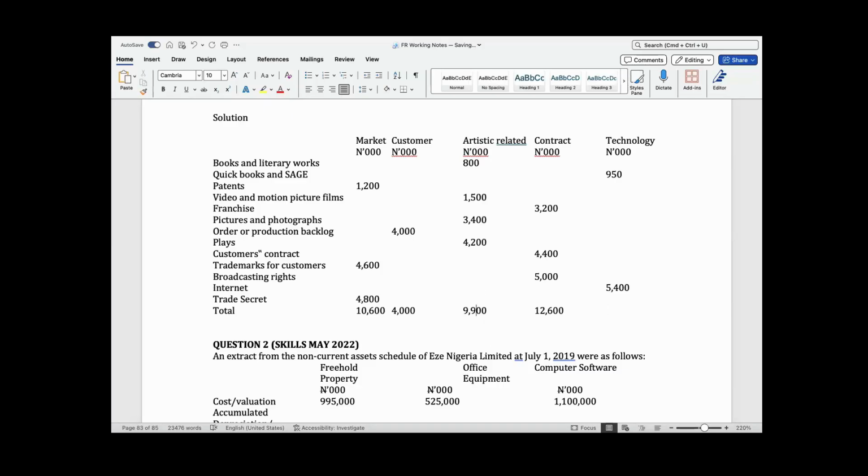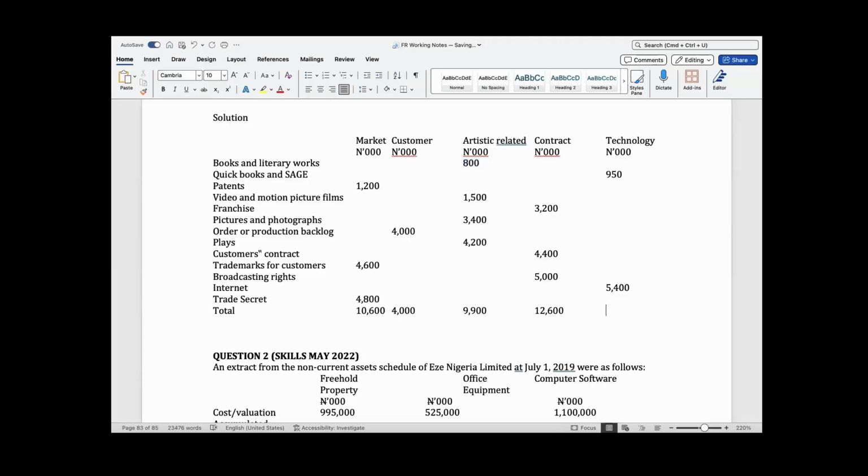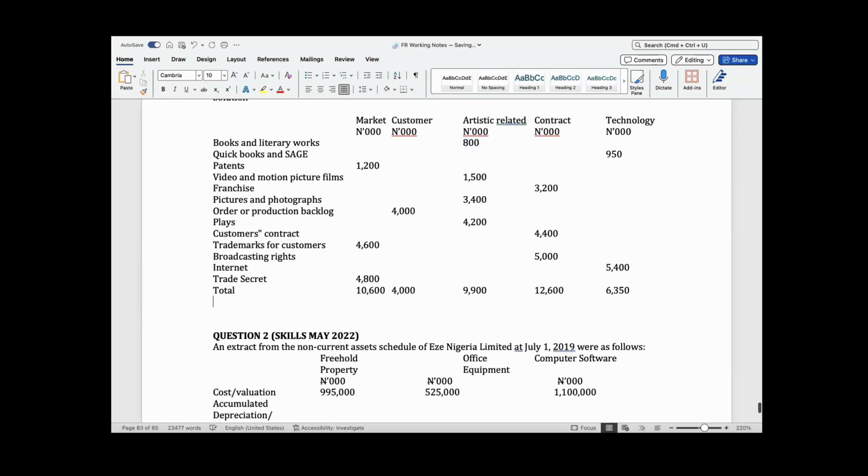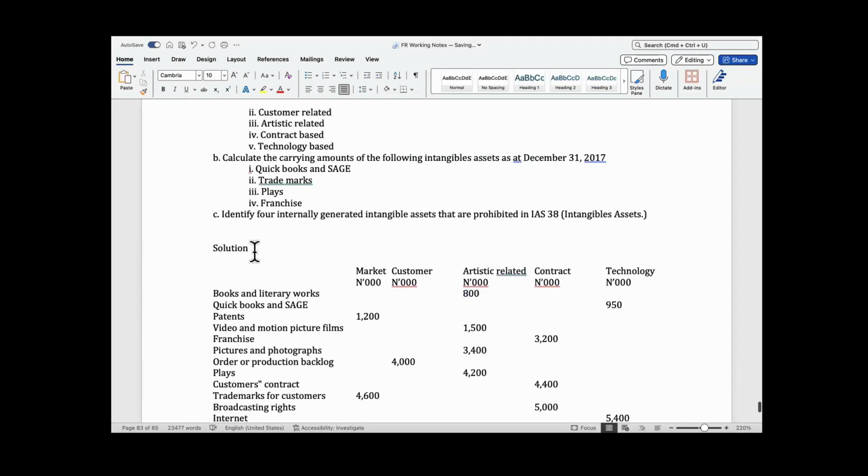Where's your calculator? I think you did not add this 800. I forgot to add the 800. Okay. So what about this? 6,350. So that's the solution A.